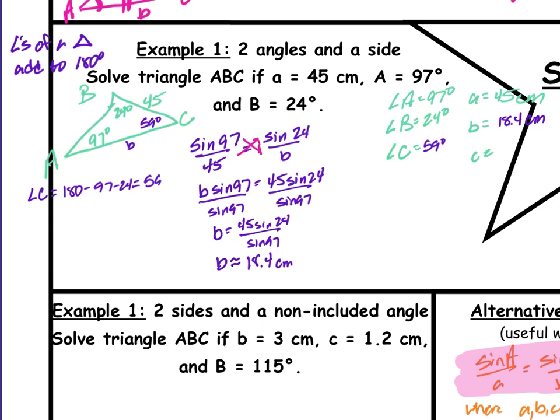This is not a right triangle, so I can't use the Pythagorean theorem to find the third side. I'm going to use the law of sines again to find C. Again, I still know the A's.